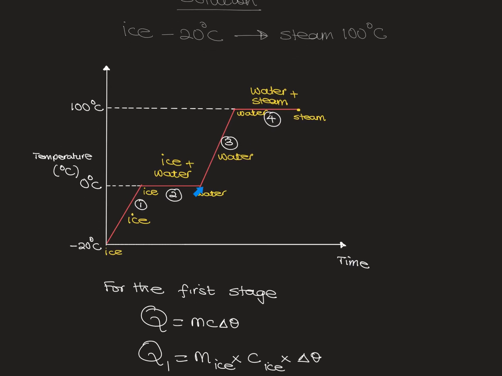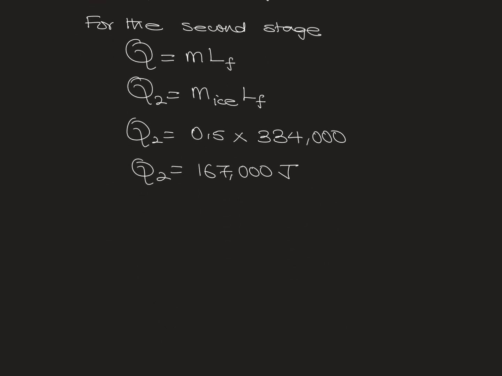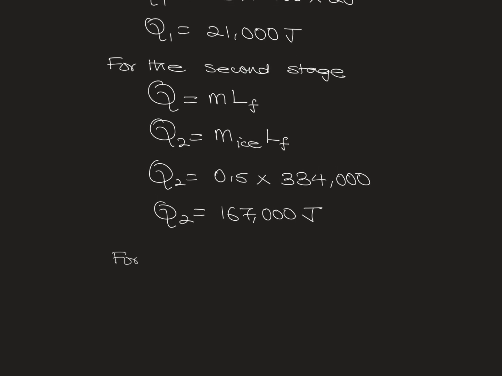Moving on to the third stage, we have water that is at 0 degrees Celsius becoming water at 100 degrees Celsius. So this involves a change in temperature, so we have to use a formula that involves delta theta. For the third stage, we're going to use Q is equal to MC delta theta.